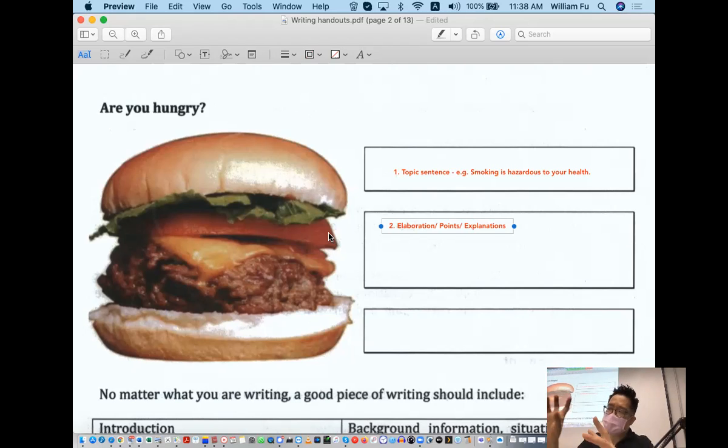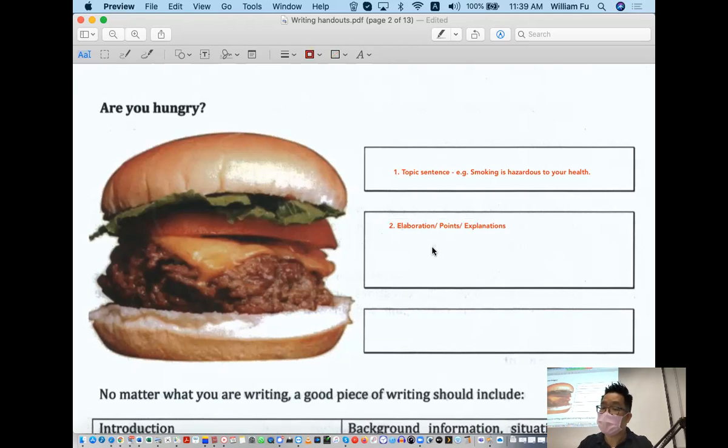It is to add more, or make the flavor more balanced, because the meat could be too greasy, too much oil. That's why you add some lettuce and tomato to balance it out.